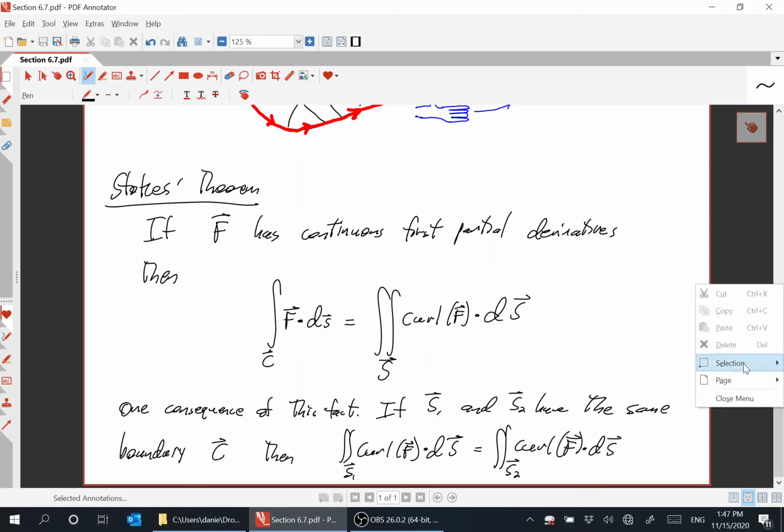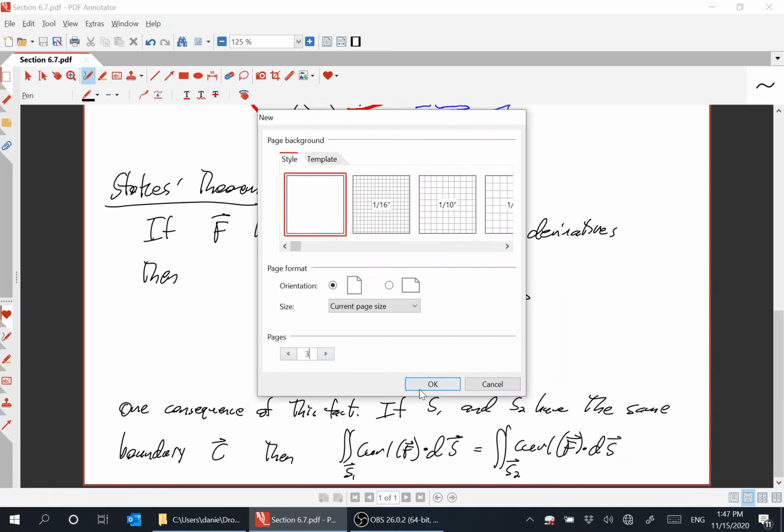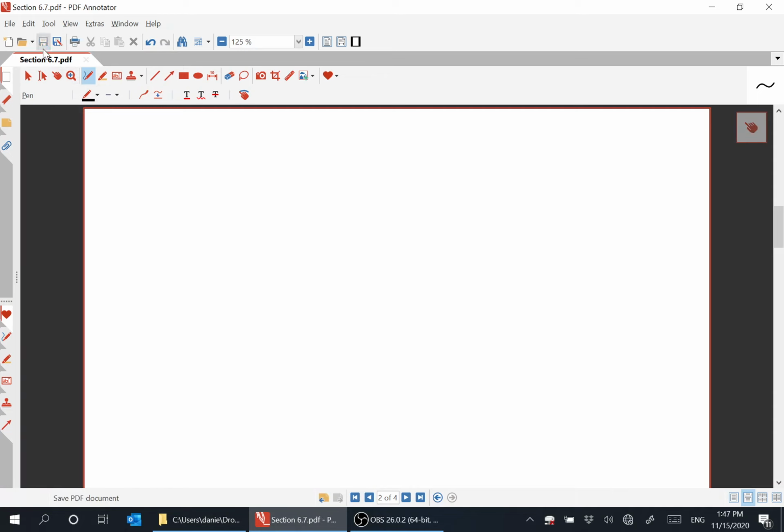Now, Stokes' theorem is actually a three-dimensional analog of Green's theorem.